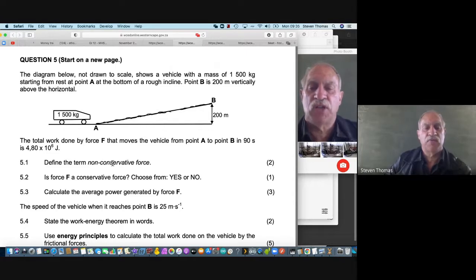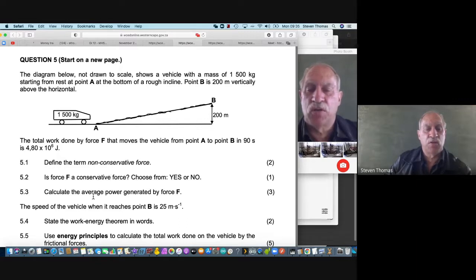A non-conservative force is like friction, where it depends on the pathway taken by the force. Is force F a conservative force? It's an applied force. I would say no, because although you're working against gravity, the only conservative force I know is the work done by gravity, not by an engine.